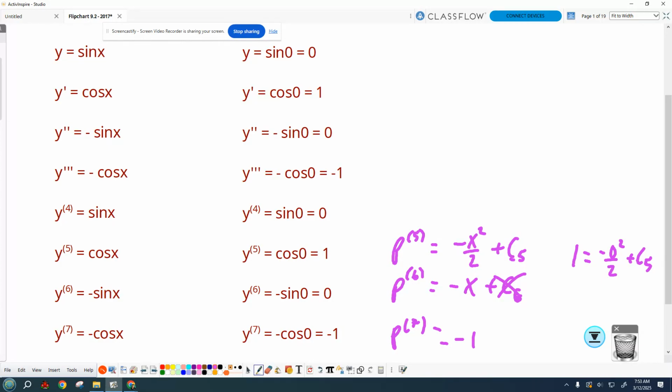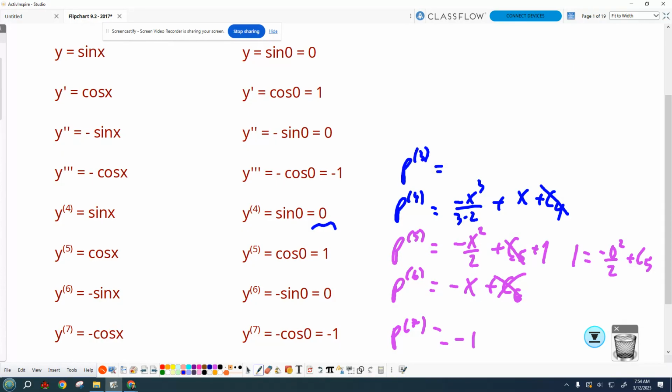So that's going to be a 1. Integrate again. Raise the power, divide by the new power, plus a new c value. Plugging in 0, that's going to go to 0.